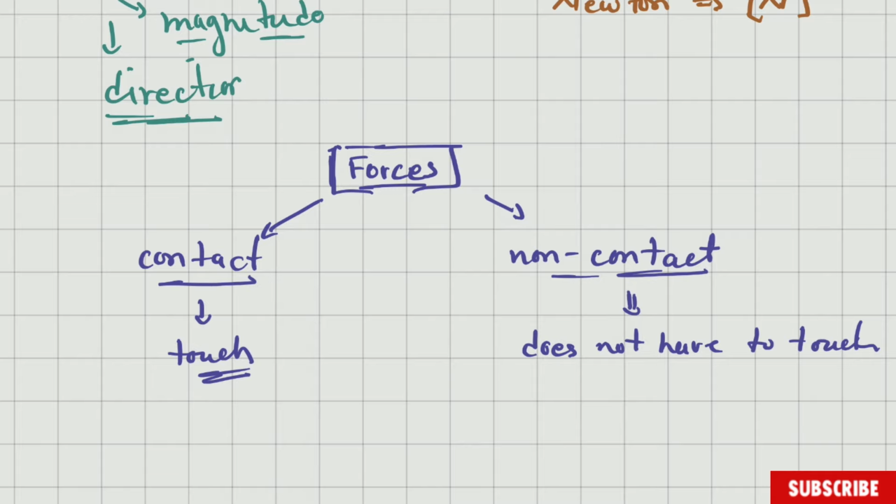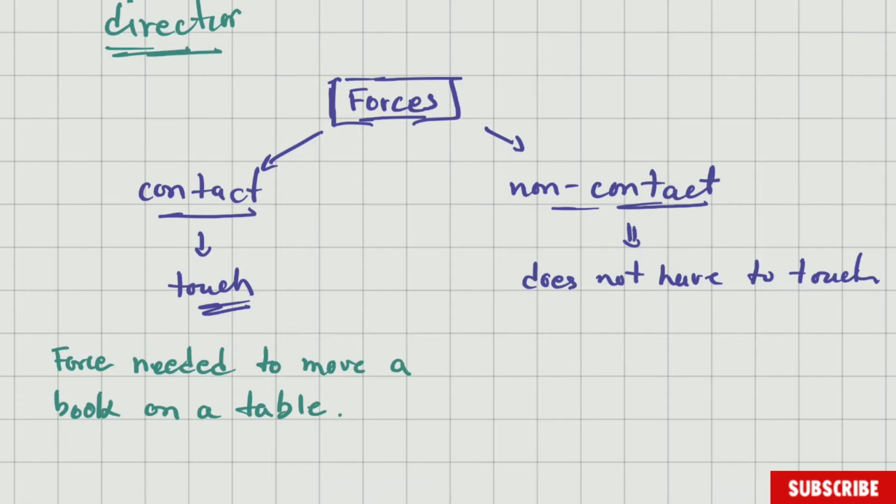Let's give one example of each. An example of a contact force is the force needed to move a book from one side to the other on a table. An example of a non-contact force, which you all know, could be the magnetic force, or the electrostatic force.